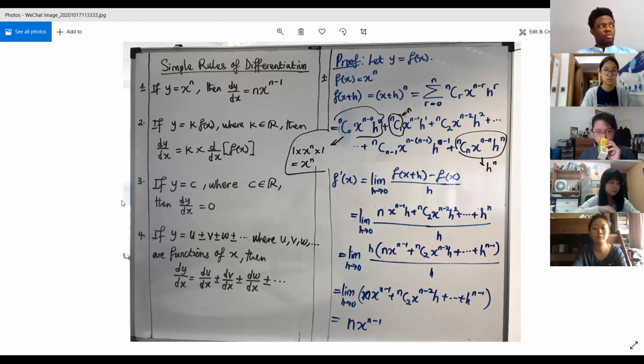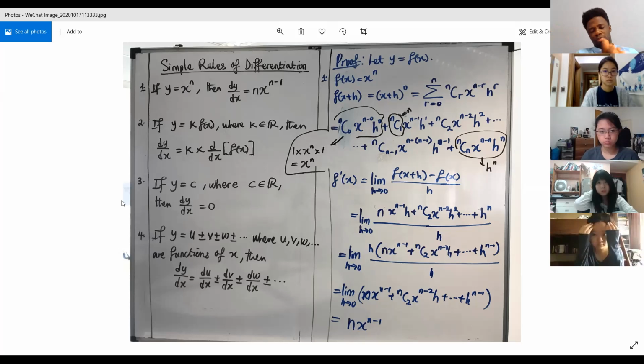If you want to differentiate the product of a function of x and a constant, which means a term with a coefficient, you can ignore the coefficient at first, differentiate the function, then multiply. So basically you write it as the constant times, then you differentiate, because you have to carry the coefficient along in every step of the derivative as well.